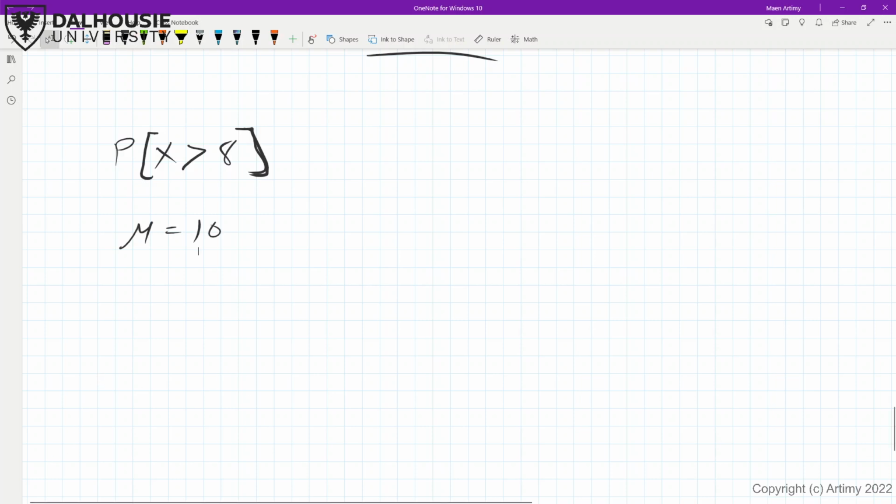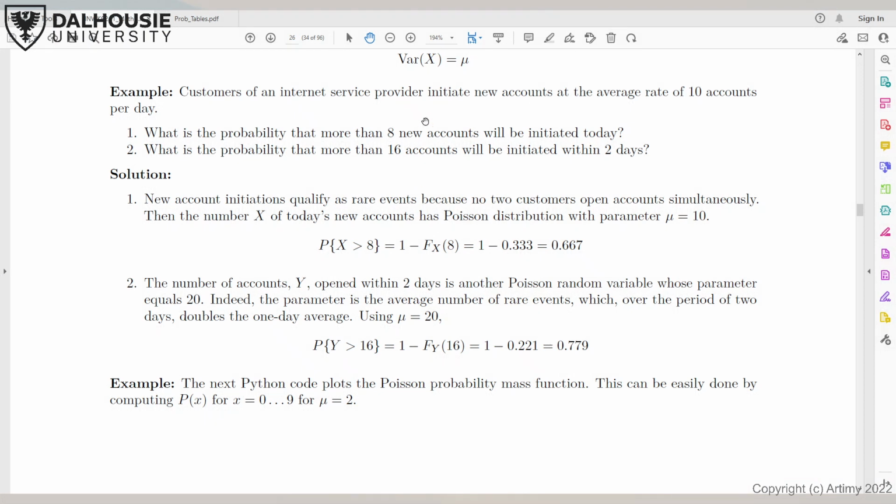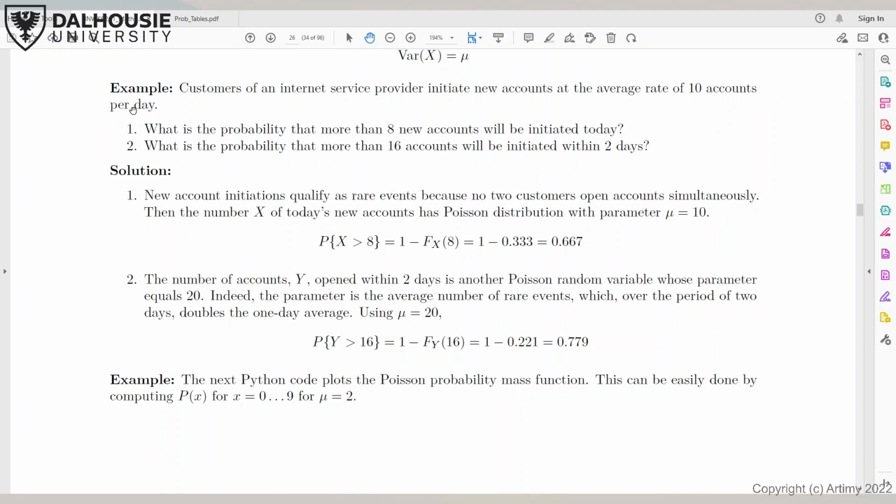If you look at the example, you will see that an internet service provider initiates new accounts at an average of 10 accounts per day. So the day is the interval. I was given an average, and the interval is a day, and then I'm asked the probability of having certain events happening.